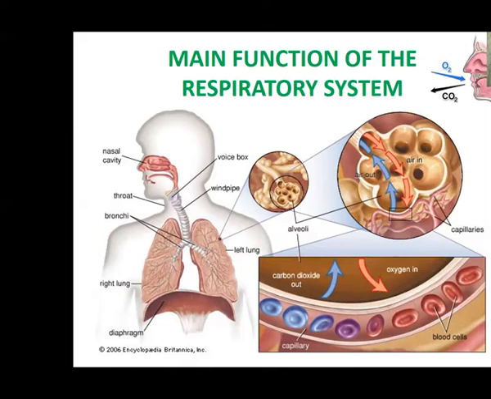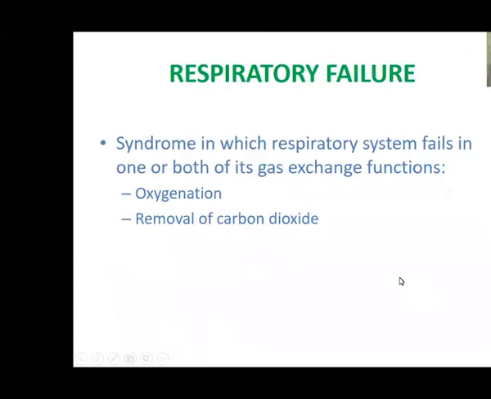Any condition which causes thickening or fibrosis of this membrane will impair oxygen diffusion. But carbon dioxide is 20 times more diffusible, so it will diffuse out. So usually in these conditions, V/Q mismatch or alveolar capillary membrane thickening, oxygenation is affected, not carbon dioxide. This causes type 1 respiratory failure.